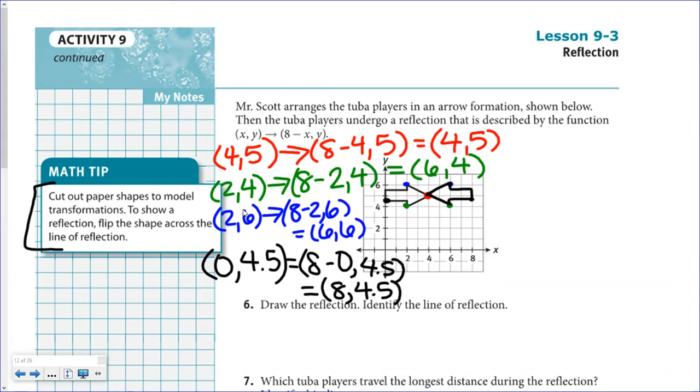A reflection should still look like it does, just looking in a different direction. So now we want to identify the line of reflection. Since this red point, the tip, stayed the same, we know that the reflection is going to be on that tip, and it's a vertical line of reflection, so the equation of it is x equals 4.